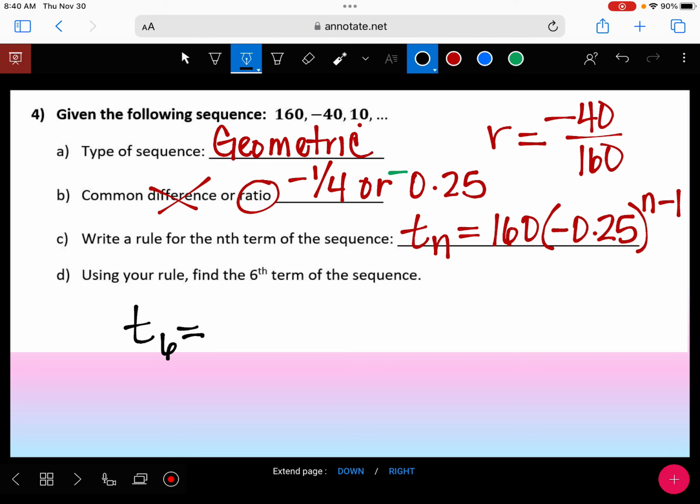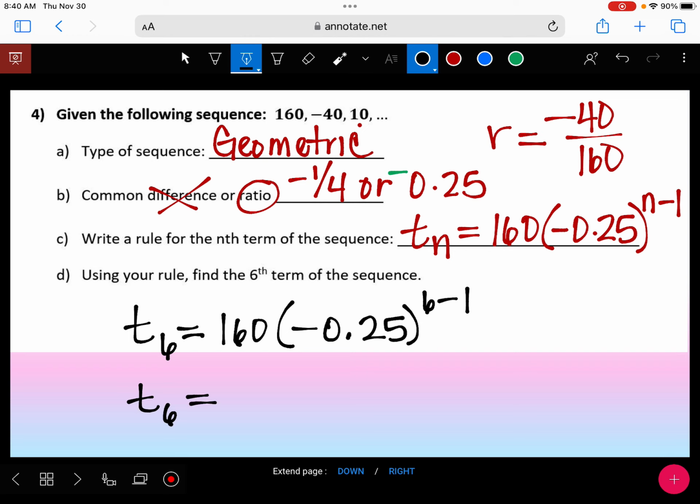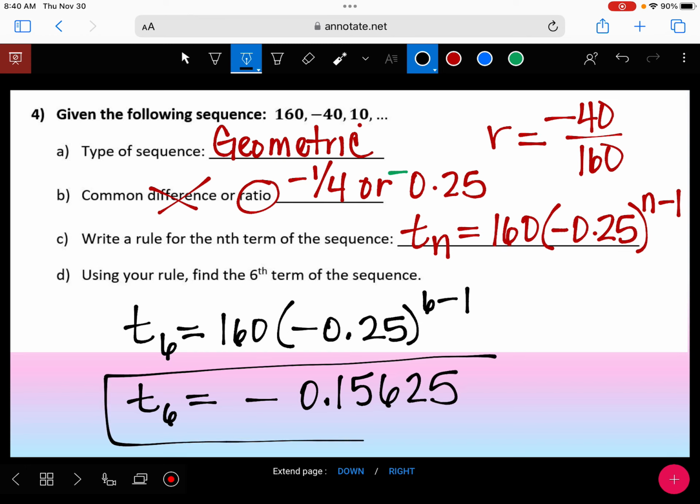So T6 is going to equal 160 times, don't drop the negative, negative 0.25 to the power of 6 minus 1. So that would be negative 0.15625. Who had that for their T6? All right, good.